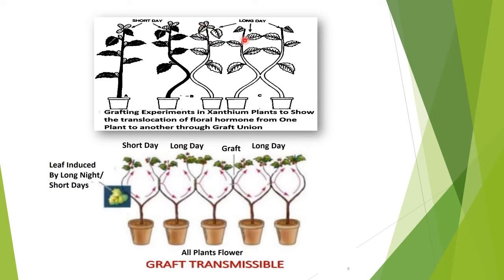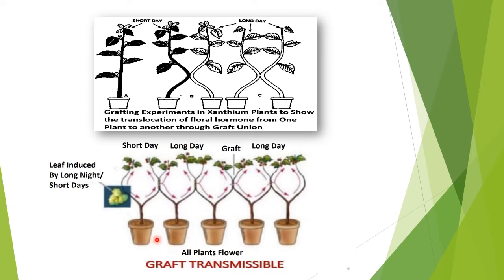At the same time, if you are taking a plant which is subjected to long day, and another plant which is subjected to long day, and they are subjected to grafting, no flowering is taking place there. That means the stimulus, whatever its nature is, is graft transmissible.